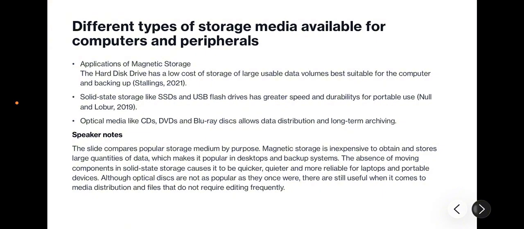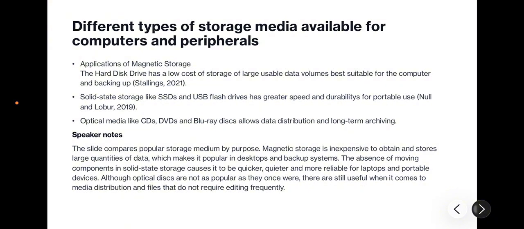Solid state storage like SSDs and USB flash drives has greater speed and durability for portable use. Optical media like CDs, DVDs, and Blu-ray discs allow data distribution and long-term archiving.